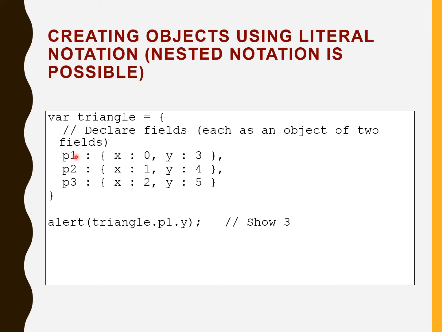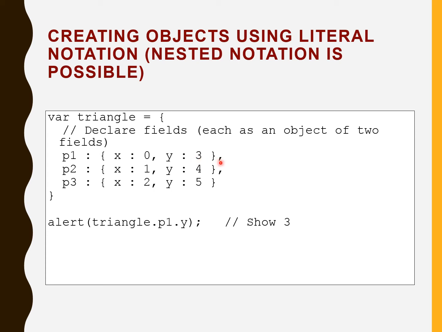So here P1 is a particular attribute of the triangle object, but again the value of P1 is started with curly braces. So it indicates that P1 is an inner object which contains attributes X and Y. X is taking value 0 and Y is having the value 3.